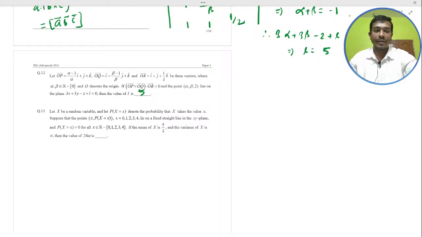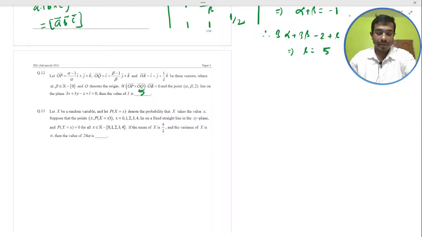Suppose that the points (x, P(X = x)), x = 0, 1, 2, 3, 4 lie on a fixed straight line in the xy plane, and P(X = x) = 0 for all x belonging to R - {0, 1, 2, 3, 4}. If the mean of X is 5/2 and the variance of X is α, then what is the value of 24α?